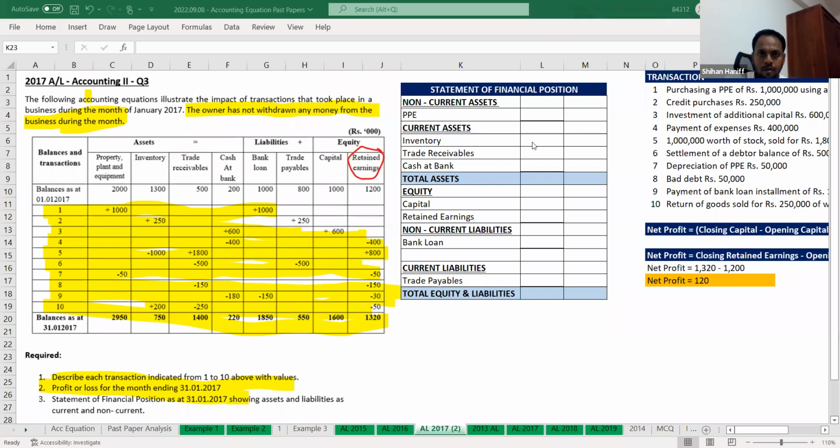Okay. So it's very simple. You can take the PPE 2950. Inventory, trade receivables, cash in hand, 750, 420.